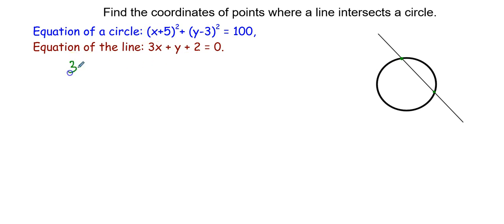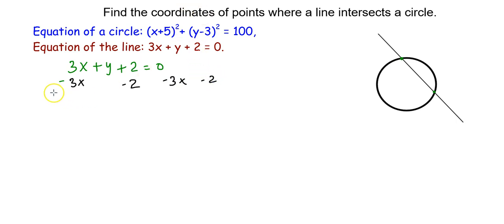This is 3x + y + 2 = 0. Now I have to take away 3x, so minus 3x, and also take away 2 from the left hand side. So on the right hand side also I'll subtract 3x and subtract 2.